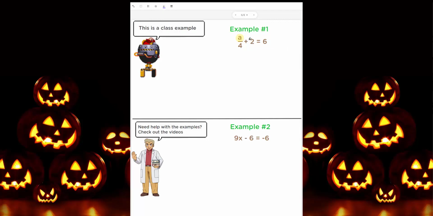And if you take a look at this number right here, this plus 2 is being added. Obviously, that's what the plus sign means. So in order to cancel out this 2, we are going to have to do the opposite of addition, which means that we are going to use subtraction.